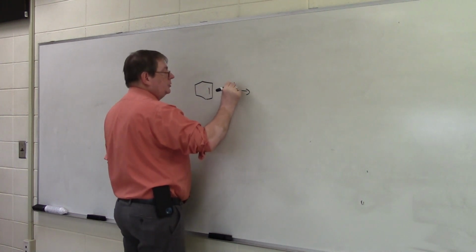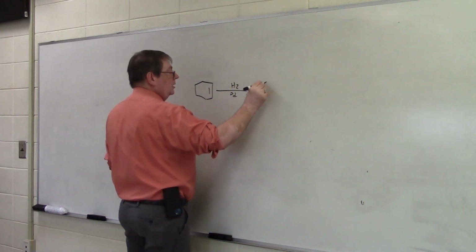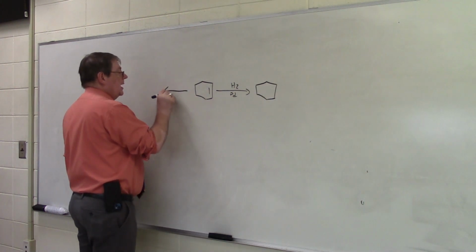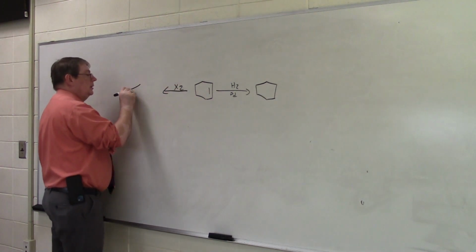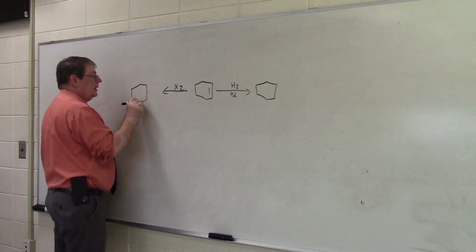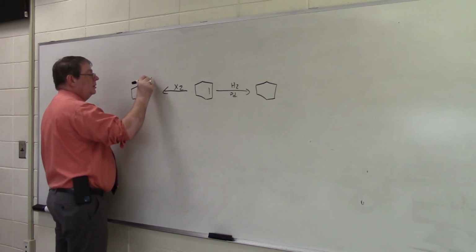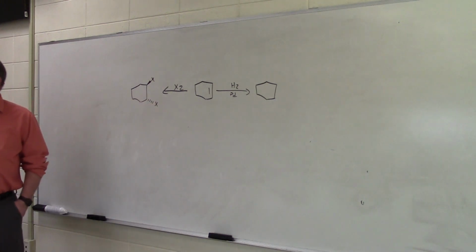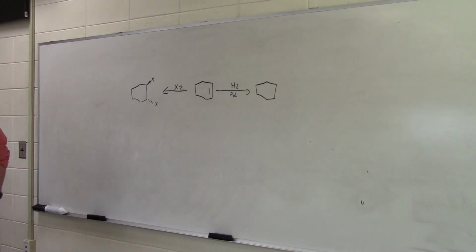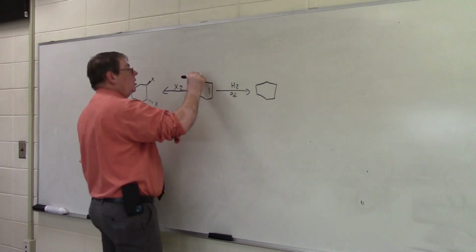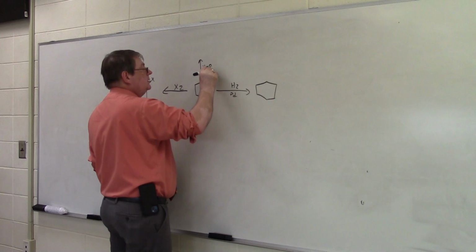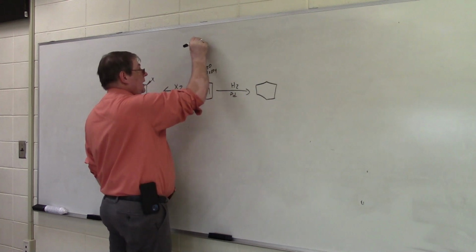We can add hydrogen if we have a catalyst and make an alkane. We can add halogens and we can get dihalides. We talked a little bit about that today, didn't we? When we were doing our little demonstration, we talked about that. We can add water across the carbon-carbon double bond, with sulfuric acid. We can make alcohols.